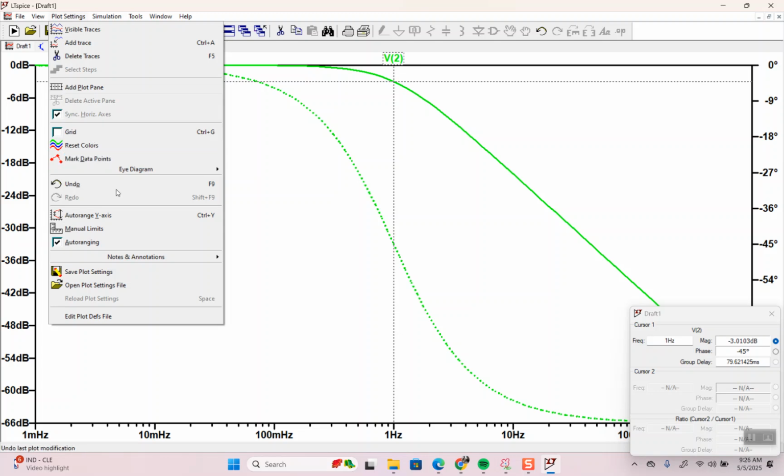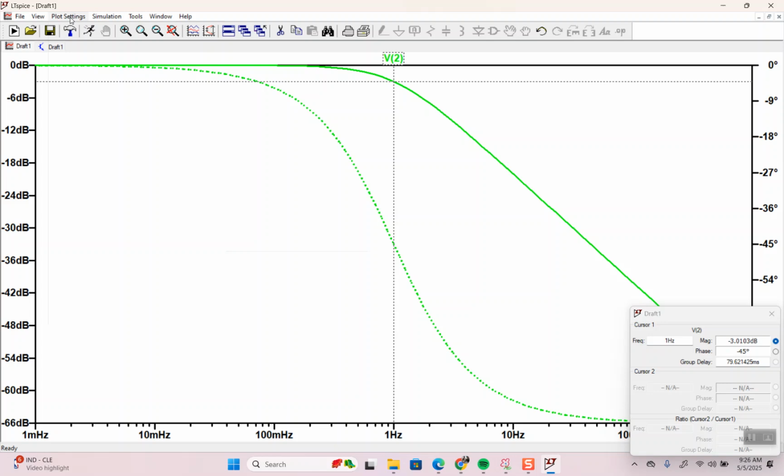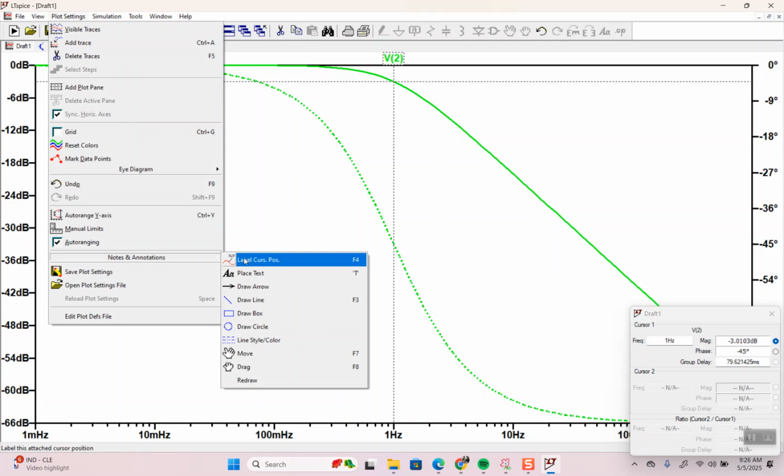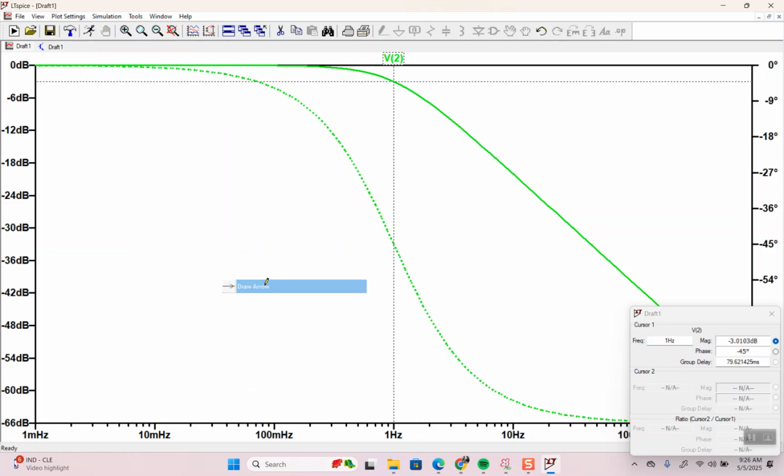Oh, notes and annotation. Draw an arrow. So the easiest way is to do the asymptotic plot in reverse. A little bit hard to see because it's right on the axis, right?